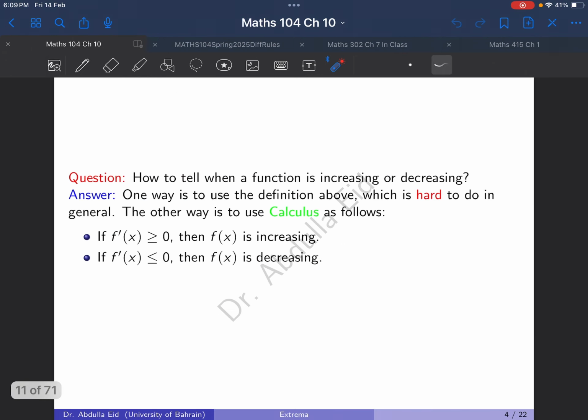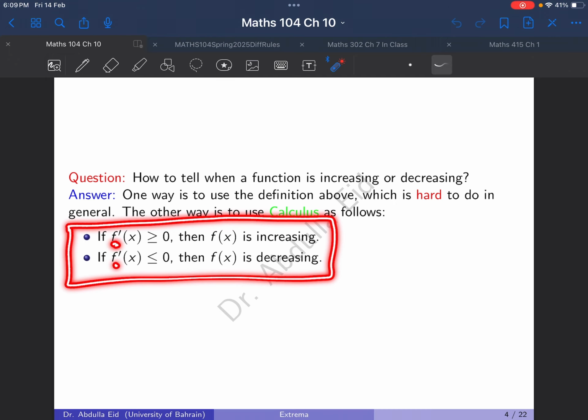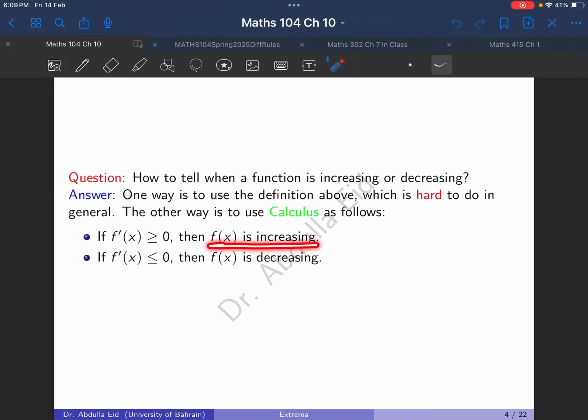Now, the question is, how can one tell if a function is increasing or decreasing? How do I know? Well, the easy way is this rule that we will use from calculus. We look at the derivative. If the derivative is positive, the function is increasing. If the derivative is negative, the function is decreasing.